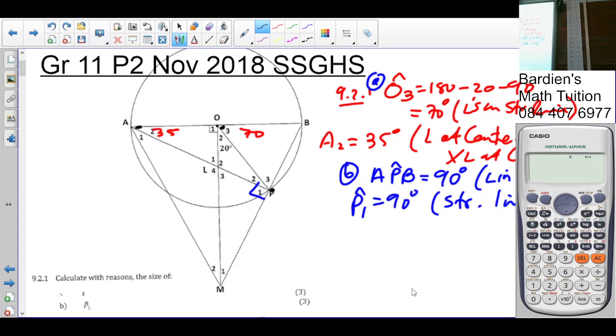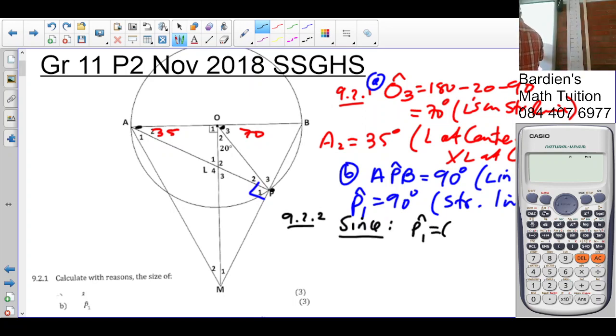We say since, 9.2.2, we say since, we know that P1 is equal to O1, angle O1, which is equal to 90 degrees. Therefore, AOPM is a cyclic quad.